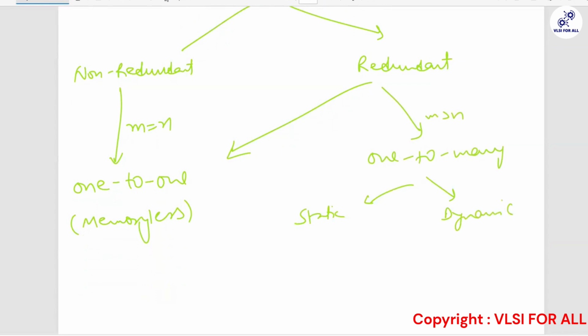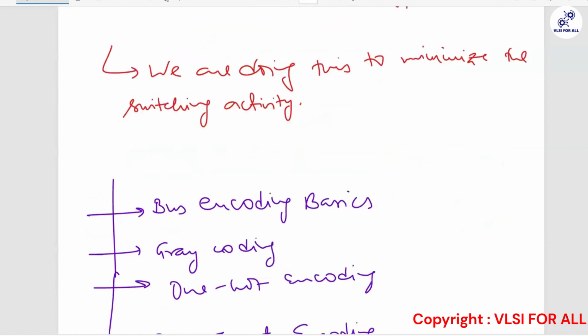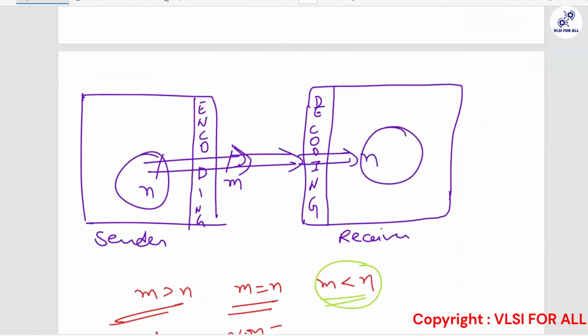In static encoding, the encoder and decoder are memoryless. It means they're like one hot mapping or gray code mapping, right? But in dynamic coding, like I told you, there is bus inverter coding. So these are those types of things.